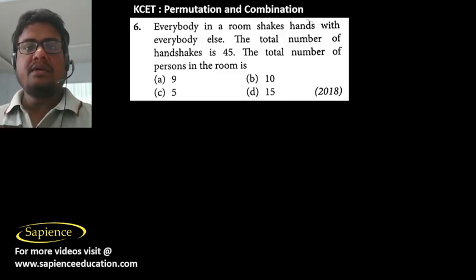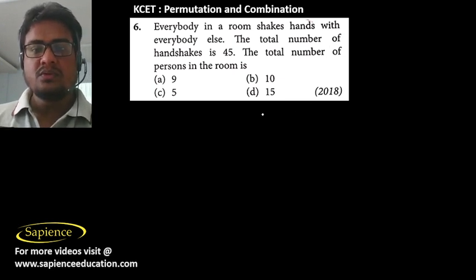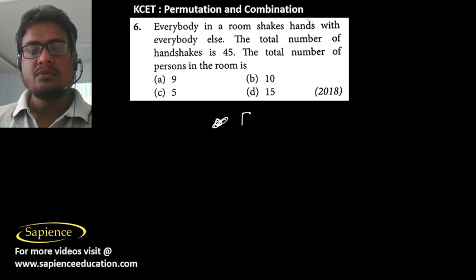Then here it is told: everybody in a room shakes hands with everybody else. The total number of handshakes is 45. Then the total number of persons in the room is? So when 2 persons shake hands, then 1 handshake is made.